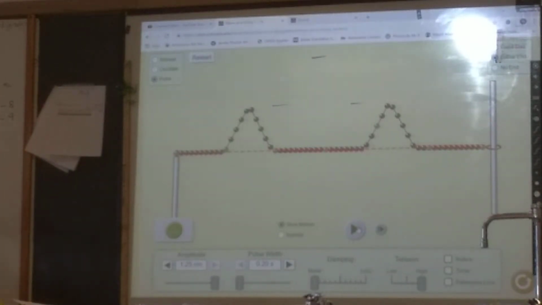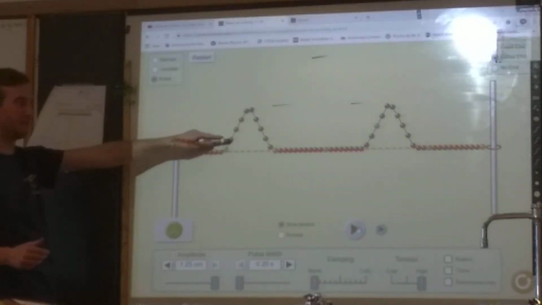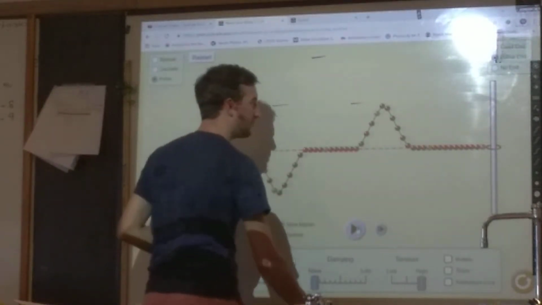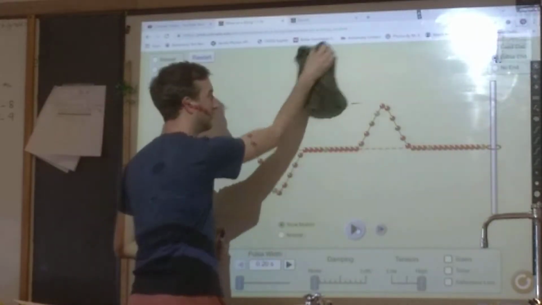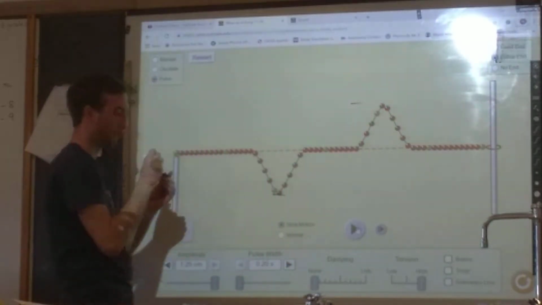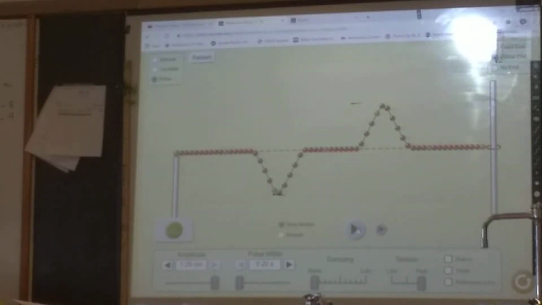Now, what's going to happen here is this wave is going to invert. That wave is not. So now let's try and see what happens. When that inverts, okay. Now we have two waves coming at each other. They do not have the same amount of displacement. One is displaced up here, the other one down here. What do you think is going to happen? You get some weird shapes, but look what happens right in the middle.